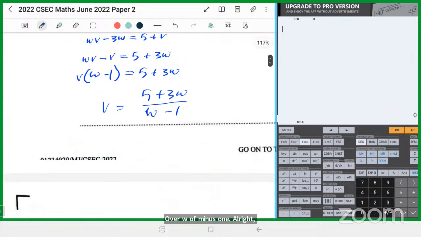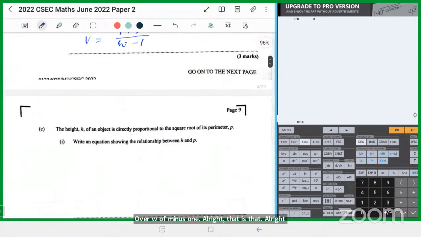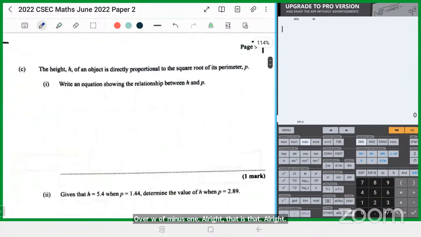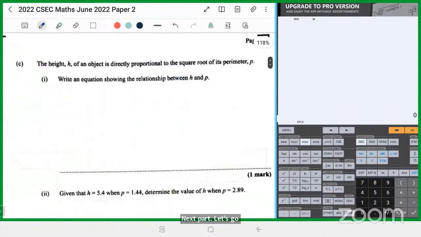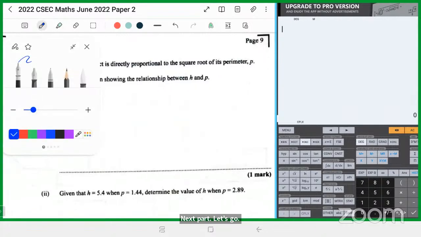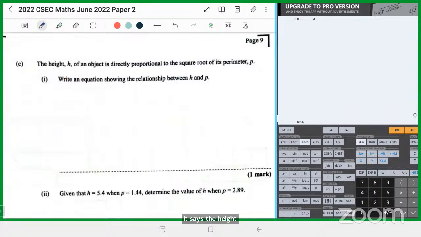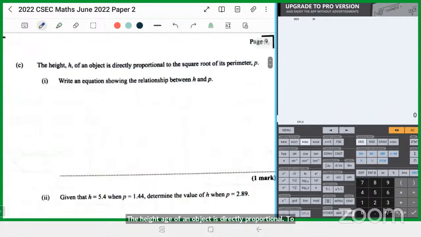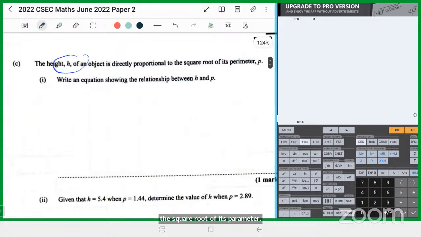All right, next part. It says the height h of an object is directly proportional to the square root of its perimeter. That's a variation question. So the height h is the first variable.